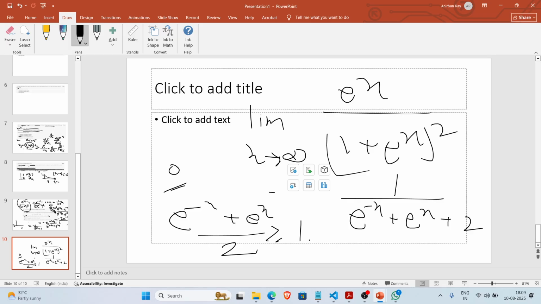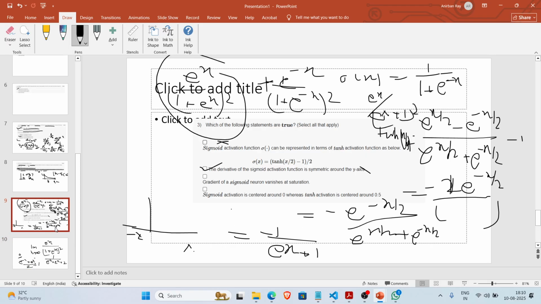So the limiting case becomes 1 by 4, so it does not vanish. Or am I correct? This one is wrong, as you can see.